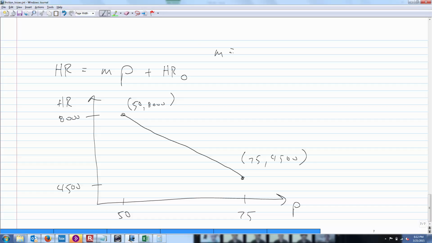So M equals, you always start from the right, 4,500 minus 8,000 over 75 minus 50. Now, the numerator is going to be negative, the denominator is going to be positive, so the slope is going to be negative.